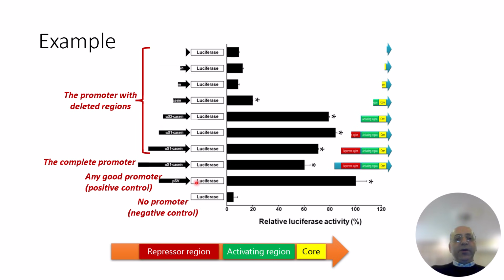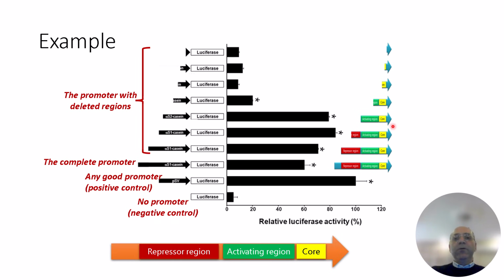So I have, again, the luciferase gene under control of the whole promoter region, the whole thing right here. And then I start chopping up this piece of DNA. So I remove this part right here. Then I remove this part, creating this. I remove this part right here.